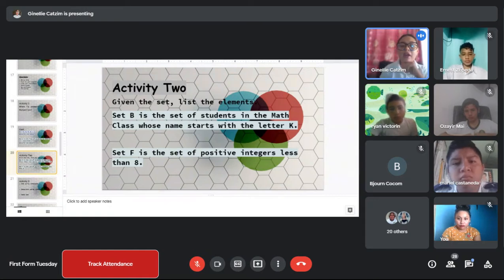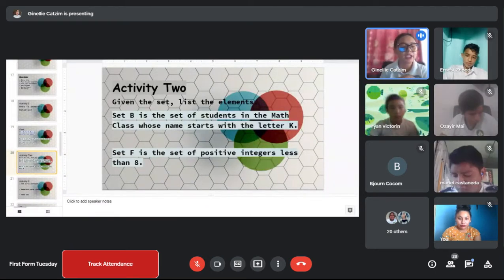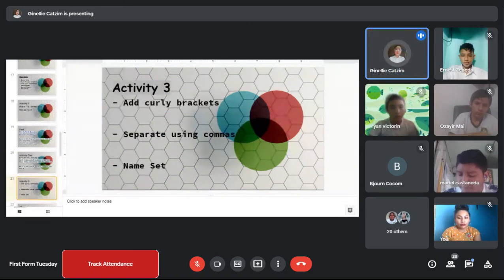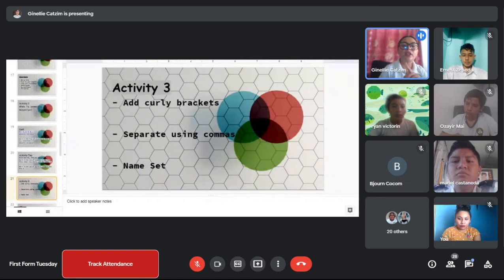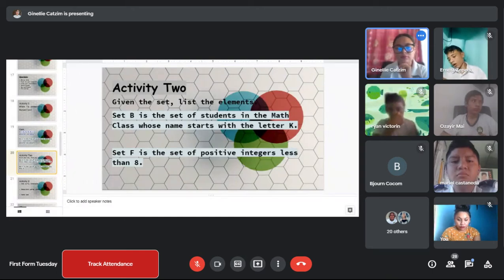So we should have F equals, to open our curly brackets, and we have our elements there separated by commas, right? Because that's what we're doing. We are adding curly brackets, we are separating using commas, and we are naming the set. So how should set F look now?